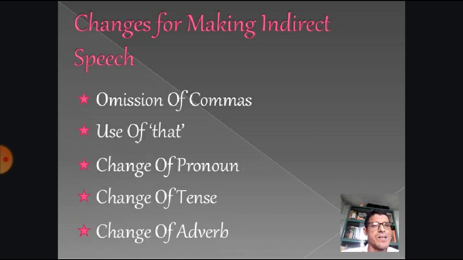Dear students, we also discussed in the last class that whenever making indirect speech, comma and inverted comma are omitted, and instead, connectors are used. Most of the time in an assertive sentence, that is used as a connector. Even changing direct speech into indirect speech, there is the need of change of person or pronoun.